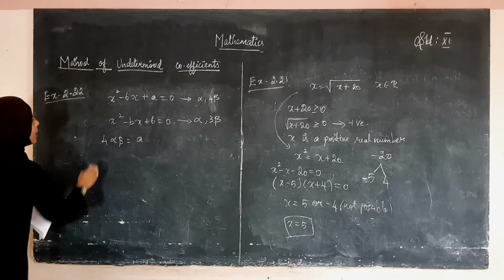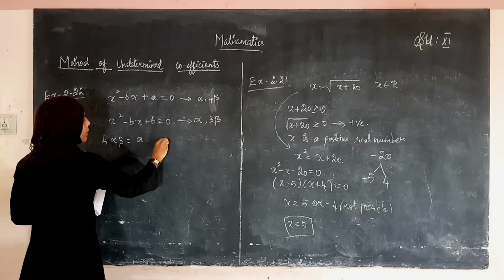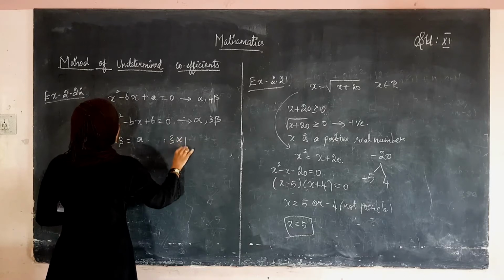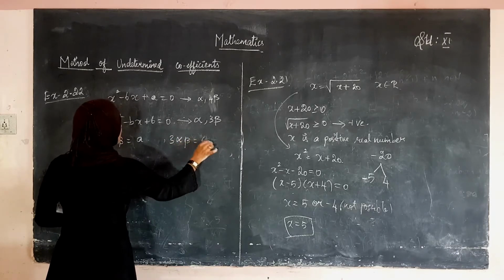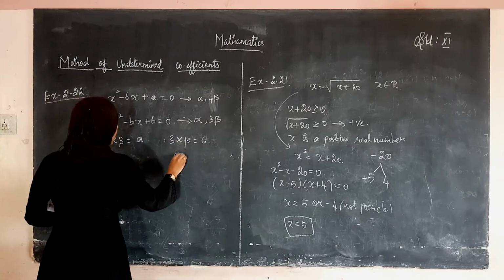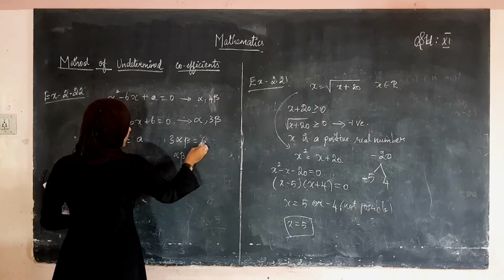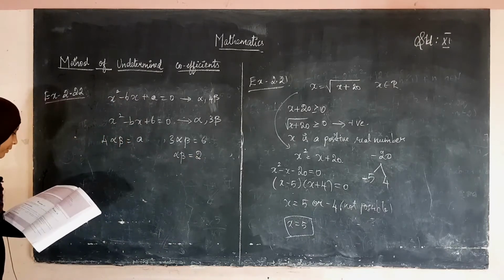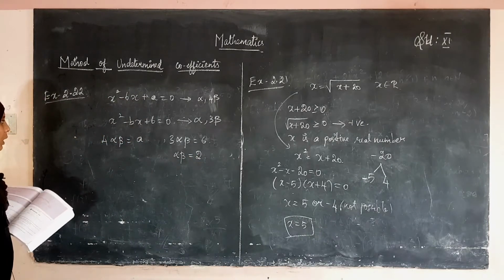And then from the other equation, find the product of the roots. Alpha into 3 beta is 3 into alpha beta, which is equal to 6. So alpha beta is equal to 6 by 3, which is 2. Alpha into beta is equal to 2.